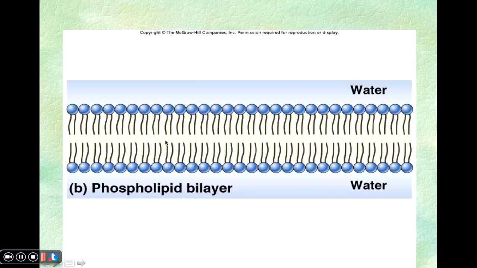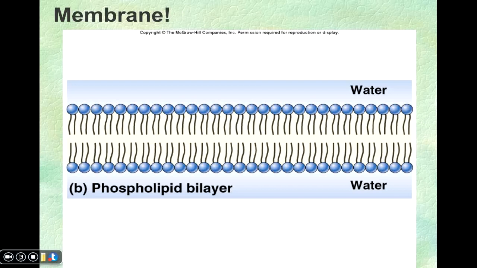Well, when you take a bunch of phospholipids and add them to an aqueous environment, so add them to water, it turns out that the hydrophobic fatty acid chains orient themselves away from the water, whereas the hydrophilic phosphate groups orient themselves toward the water. So what we get is this bilayer of phospholipids, which essentially represents a cell membrane.